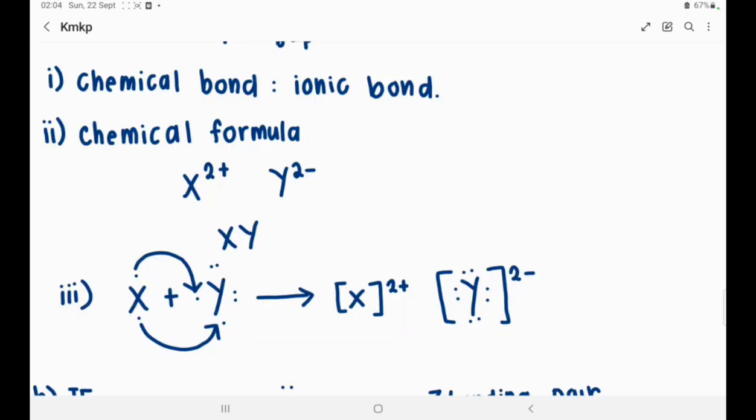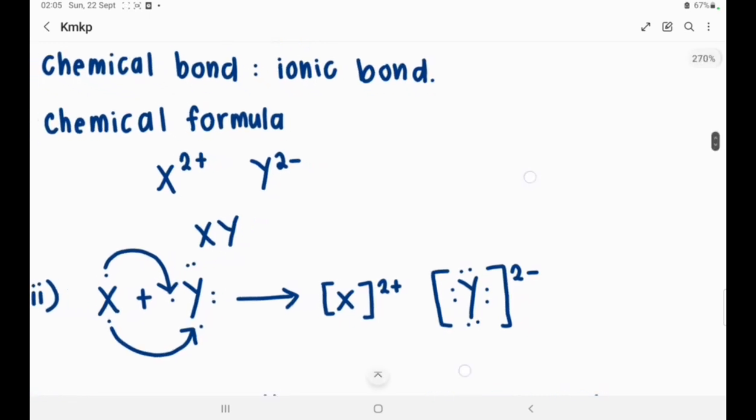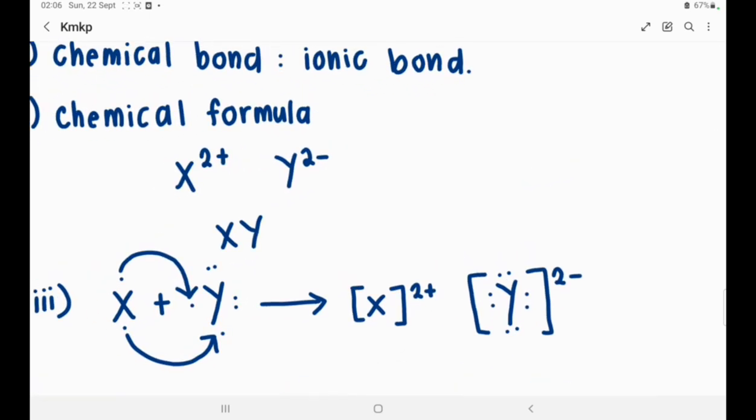You need to draw a Lewis dot structure for X and Y and draw the arrow that shows that X donates the electrons to the Y ions, and then you can see how I write the formation between X and Y. And don't forget to put the full dots at the Y ion after the formation of X and Y, because the X atom has already donated 2 electrons to Y ion.